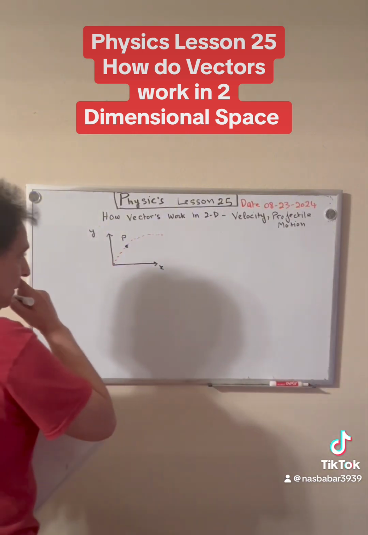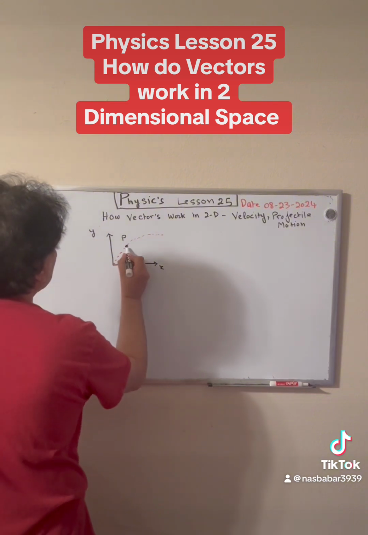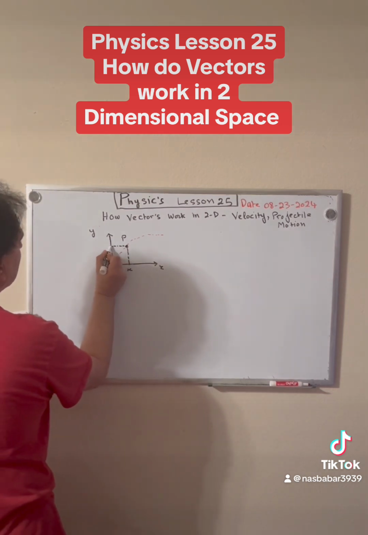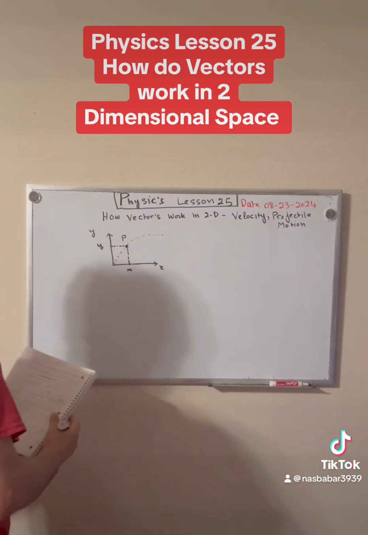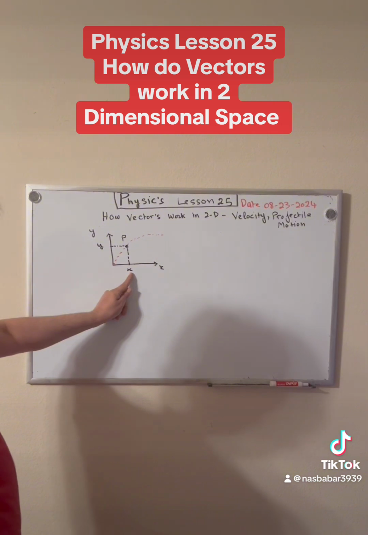So when I ask you to give me the x component and y component, you will say this right here is the x component, and this right here is the y component. So this is the y component of this point, and this is the x component.